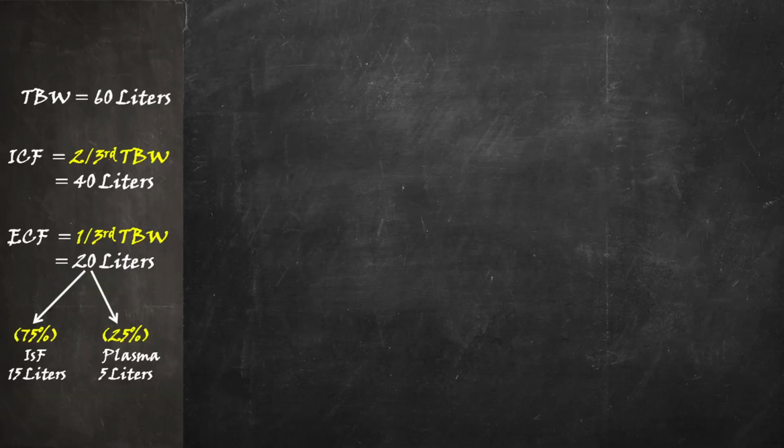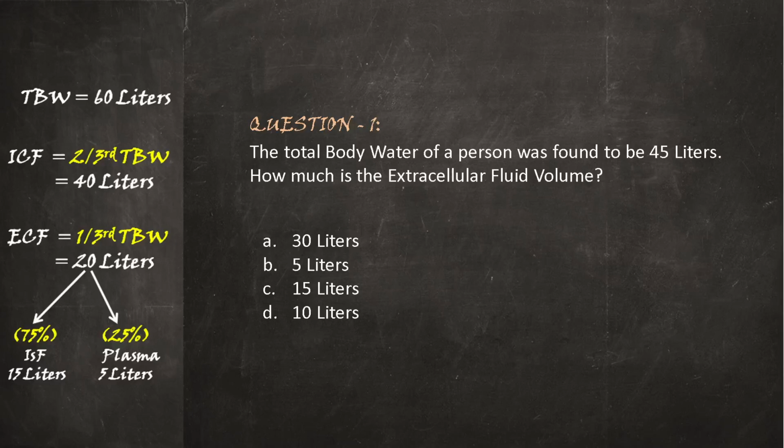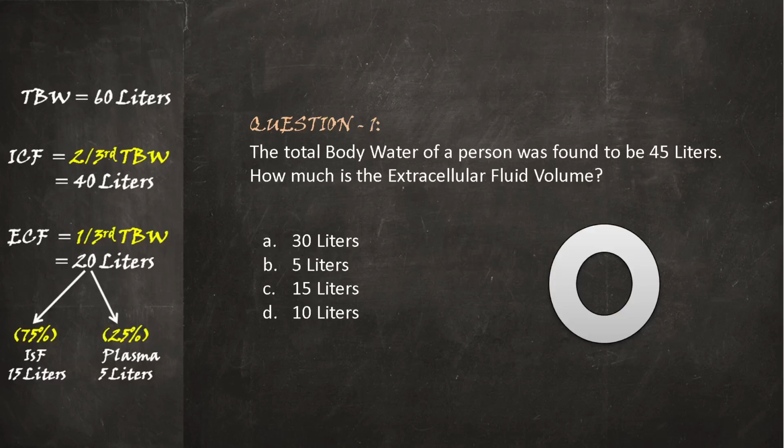Here I have a question. The total body water of a person was found to be 45 liters. How much is the extracellular fluid volume? You have 30 seconds to answer. Your time starts now.